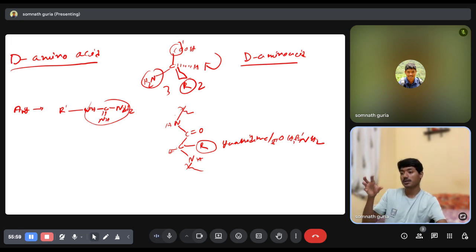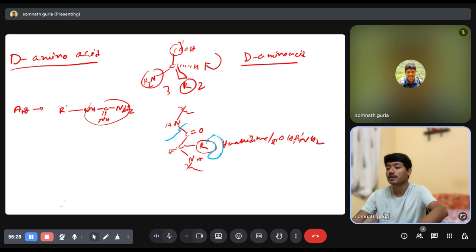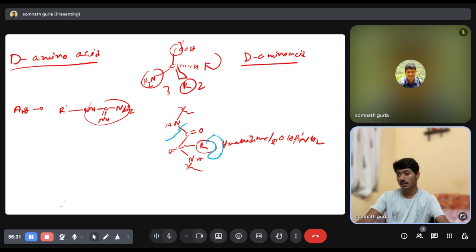Then this peptidase actually recognizes this and binds this. This enzyme binds with this and breaks down this peptide bond, making the peptide bond break, and then it kills the bacterial cell.